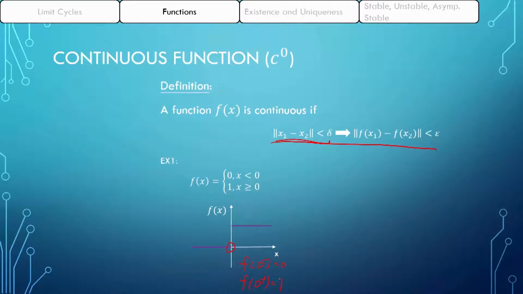C0, continuous, but not differentiable. You can imagine this power here is how many times of differentiation, and C means it's continuous. So it's not differentiable, but it's continuous.